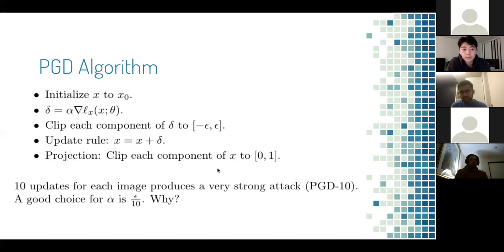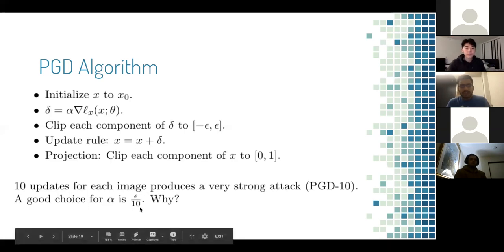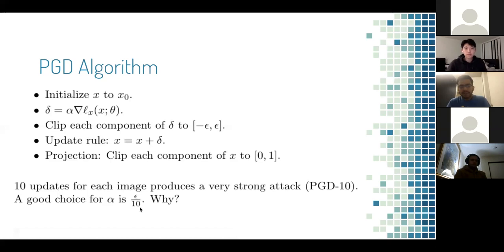So PGD10 is one of the strongest adversarial attacks that we have today. And in fact, most state-of-the-art results in adversarial attacks are some variations of projected gradient descent. And a good choice for the learning rate is epsilon by 10.